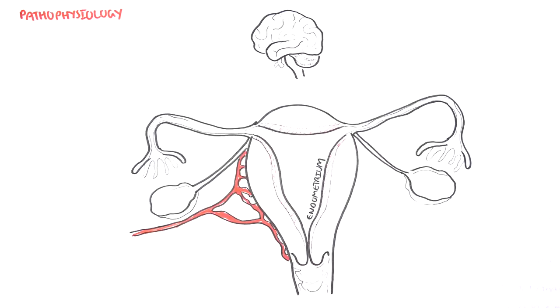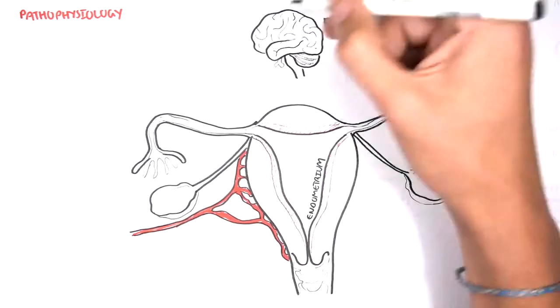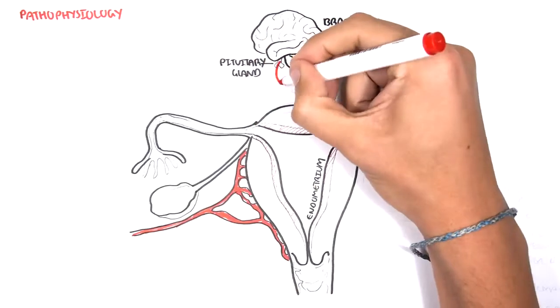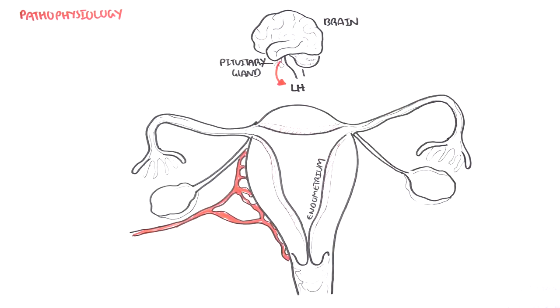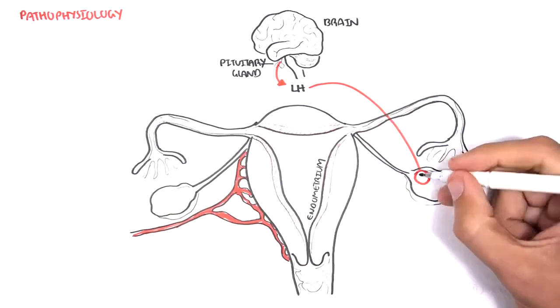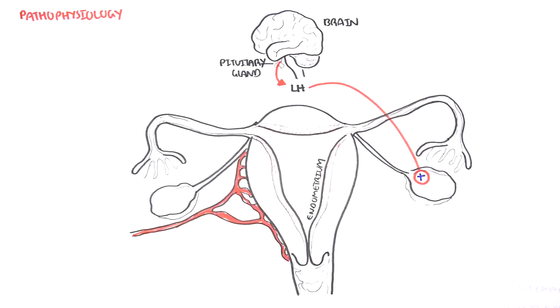In the brain, there is the pituitary gland, which is an endocrine gland that produces a hormone called luteinizing hormone in response to gonadotropin-releasing hormone from the hypothalamus. Anyway, luteinizing hormone, or LH, its role is to induce ovulation.